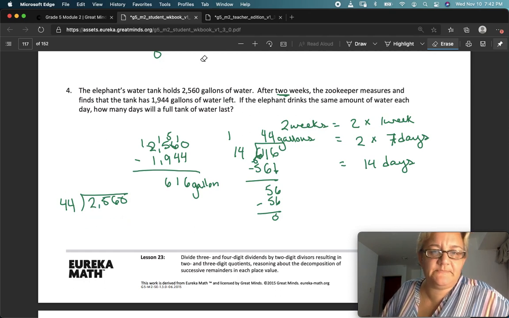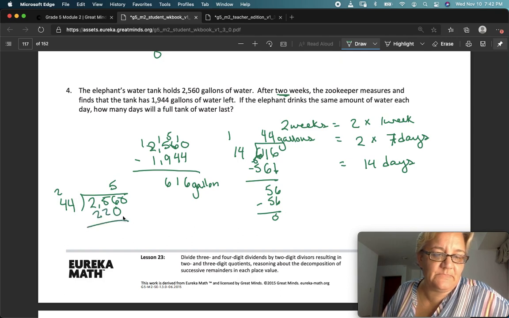Glad I checked. All right, so 5. 5 times 4 is 20, carry the 2. 5 times 4 is 20 plus 2 is 22. Then we have 6 and 3. There it is. I had a 4 there for whatever reason. Interesting. Okay, 58. I must have just written it wrong or something.